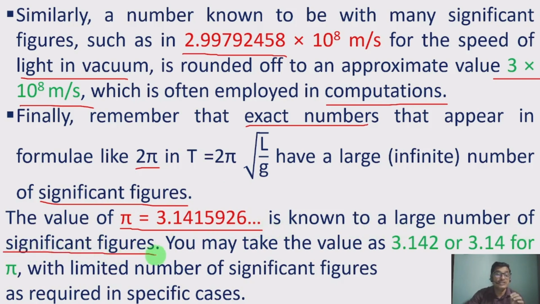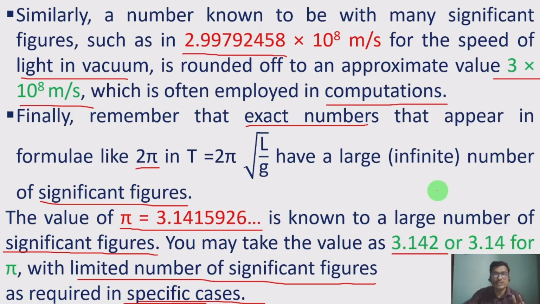You may take the value 3.142 or 3.14 for pi, with a limited number of significant figures as required in specific cases of the calculation.